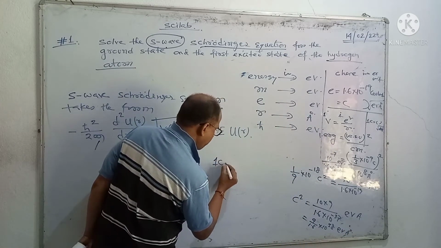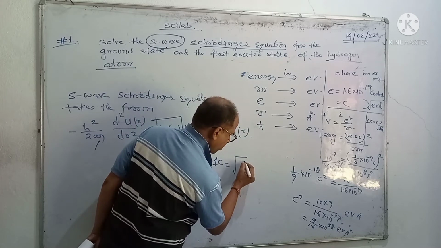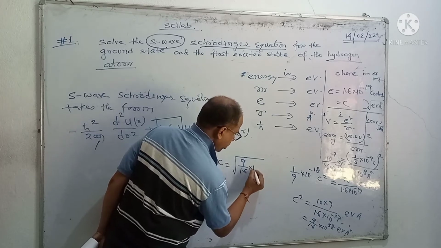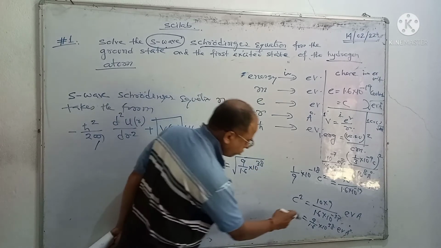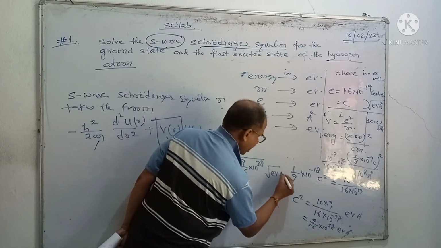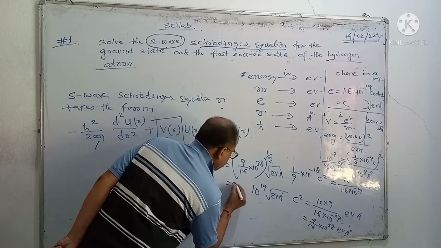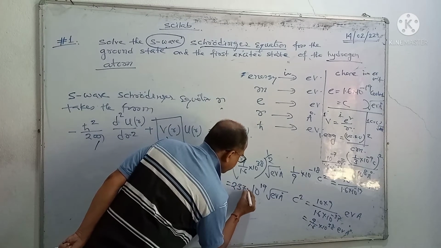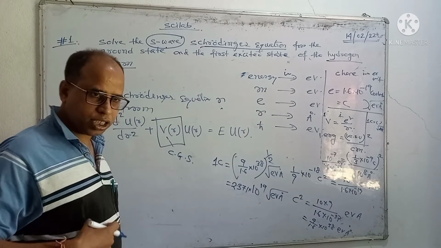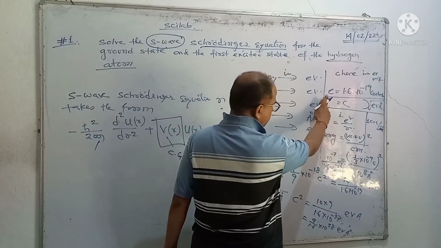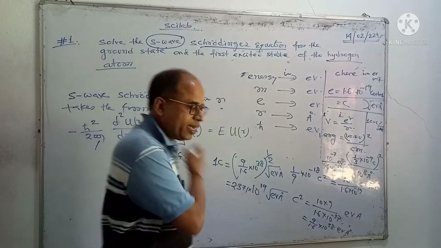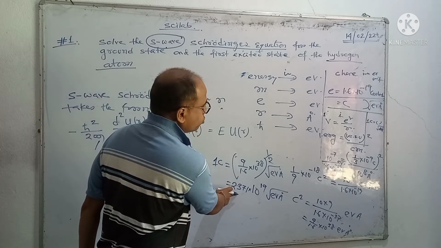Therefore 1 coulomb is equal to square root of 9 by 1.6 into 10 to the power 38. Now it will go square electron volt angstrom. Therefore this is 2.371 into 10 to the power 19 electron volt. This expresses the electronic charge in electron volt angstrom. Therefore 1 coulomb is equal to this electron volt.